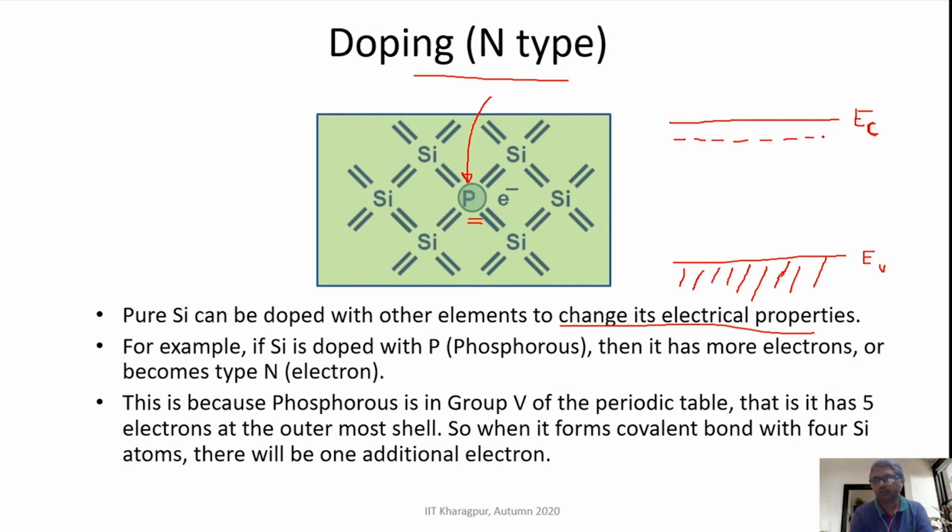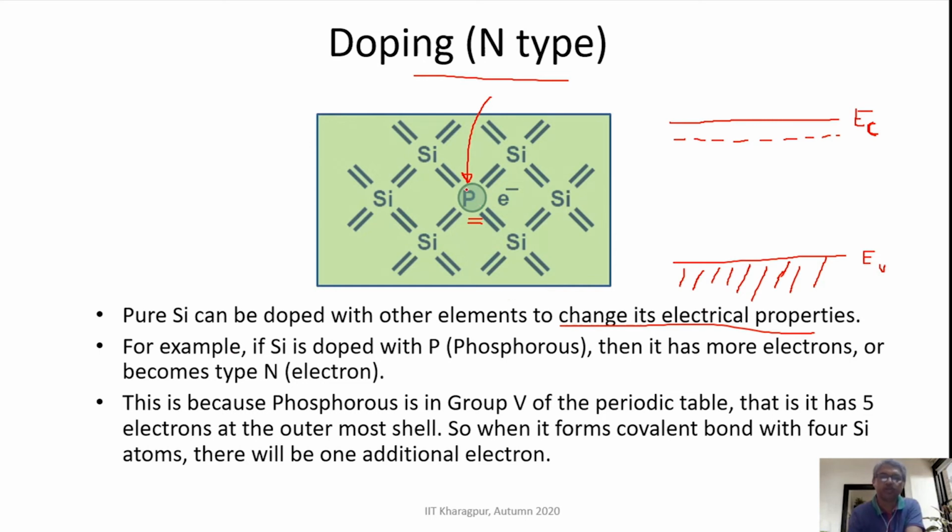So phosphorus atoms are sitting here. Phosphorus is in group 5 of the periodic table, so it contains 5 electrons at the outermost shell.